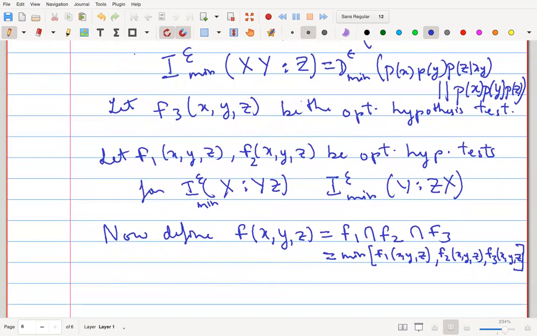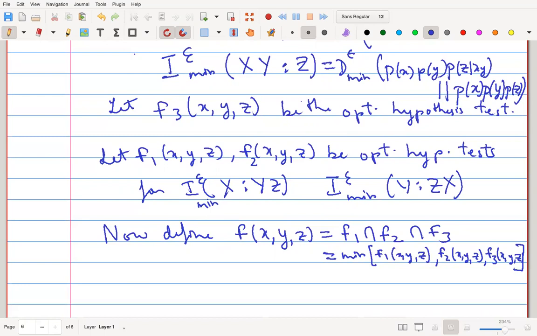Hari? The definitions are clear so far? Yeah. So the reason I'm calling it intersection is the following. Many times the hypothesis tests are 0-1 tests. That means for some triple XYZ, the test will say, okay, accept this triple. If it's some X prime, Y prime, Z prime, the test will say reject this triple.